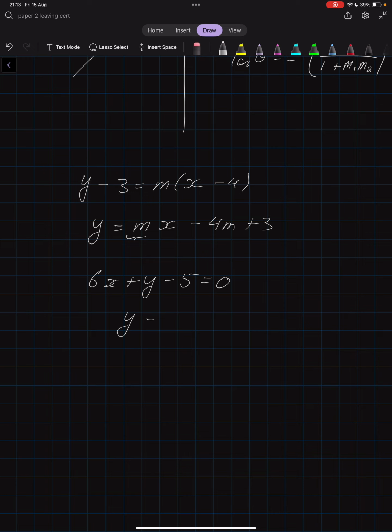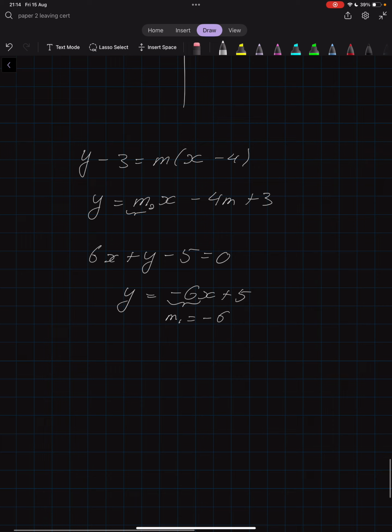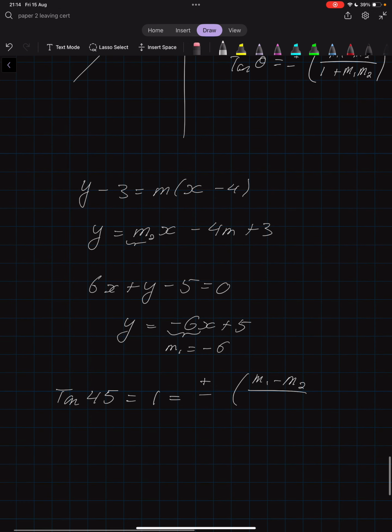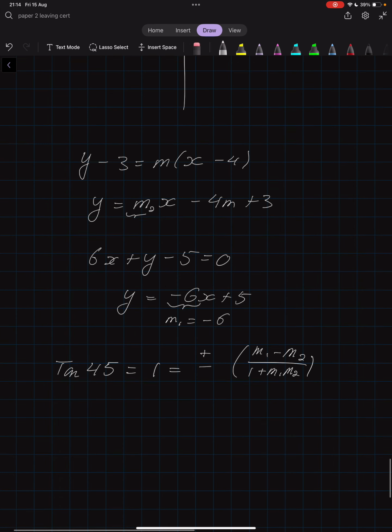So this is y equals minus 6x plus 5, which means the slope of this line is minus 6. So m1 equals minus 6, and m2 is what I'm looking to solve for. It says it makes an angle of 45, so tan theta is tan 45, which is 1. That's equal to plus or minus (m1 minus m2) over (1 plus m1 m2).